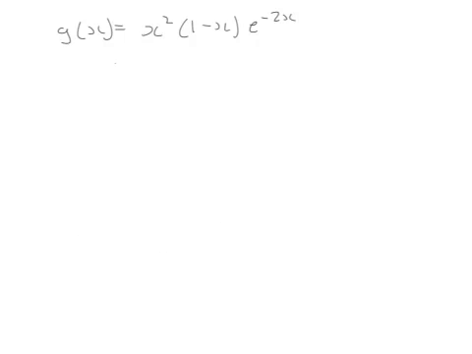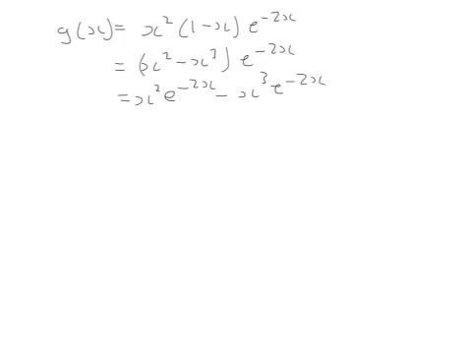So another way of getting the same answer is to again multiply it out. So it's x squared e to the minus 2x minus x cubed e to the minus 2x.